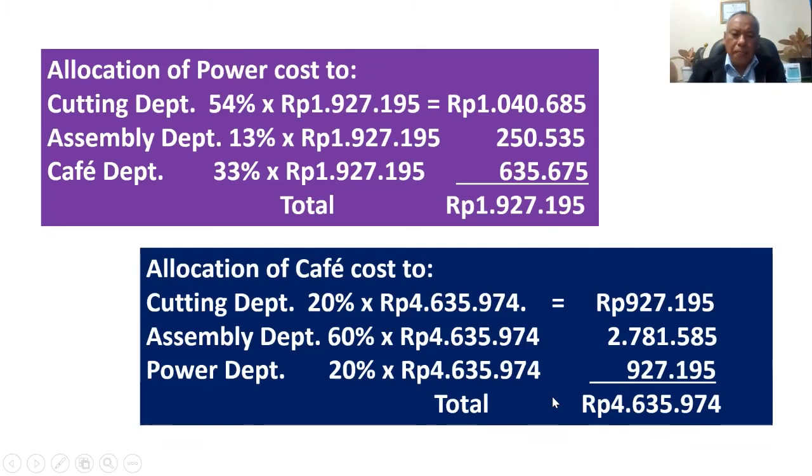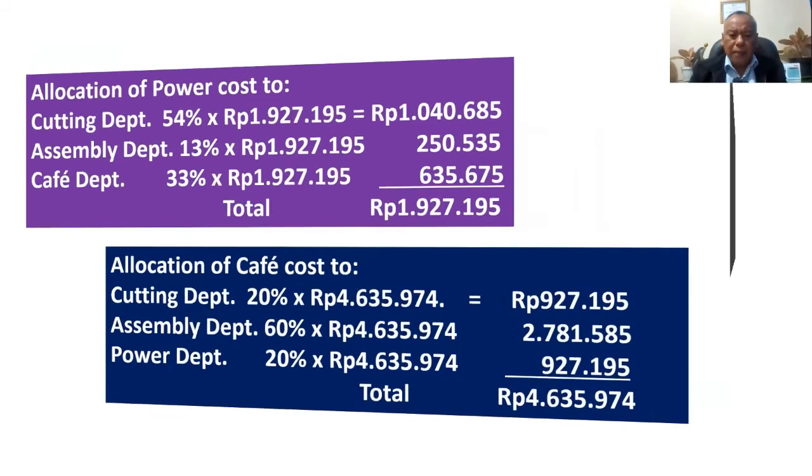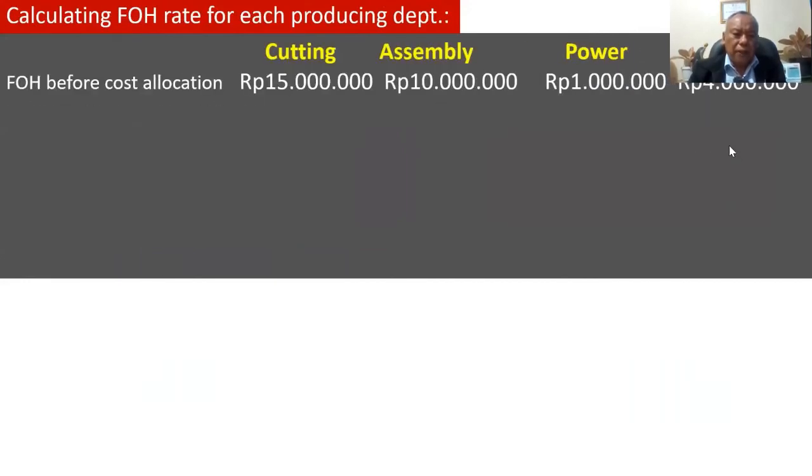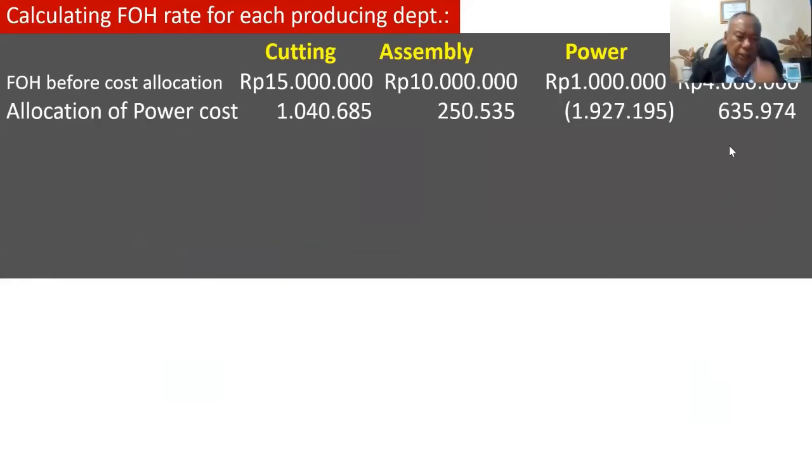And then next we can calculate the factory overhead rate. Actually it is the same as the previous method. So this one is the factory overhead cost before service department cost allocation. This is the allocation of power costs. So the power cost allocates its cost to cutting, assembly, and cafe.